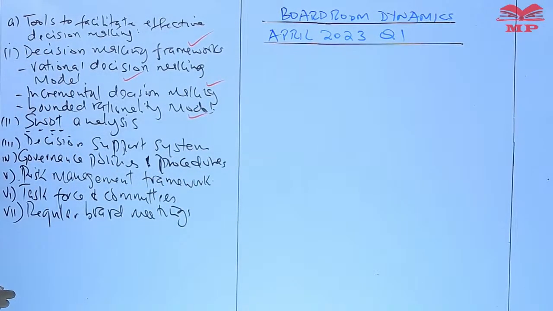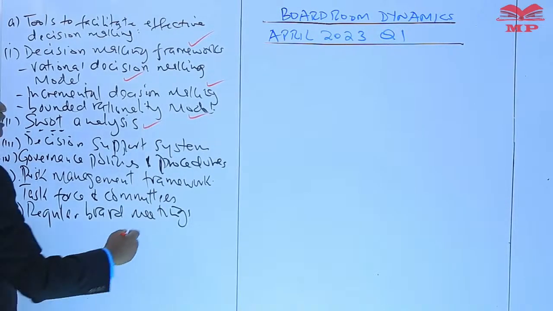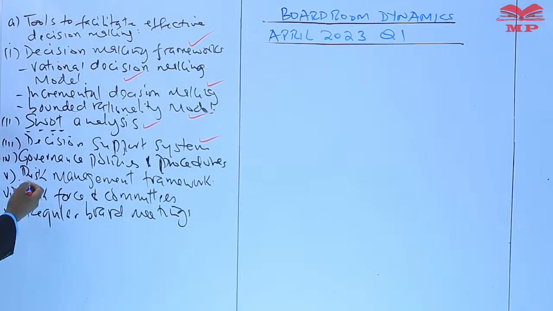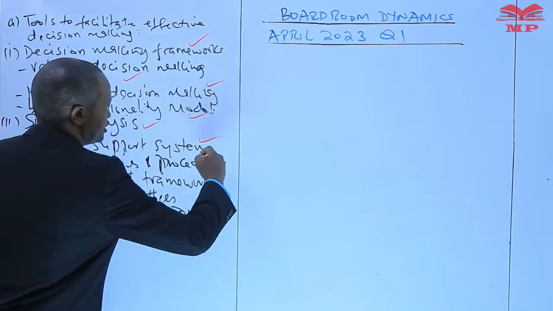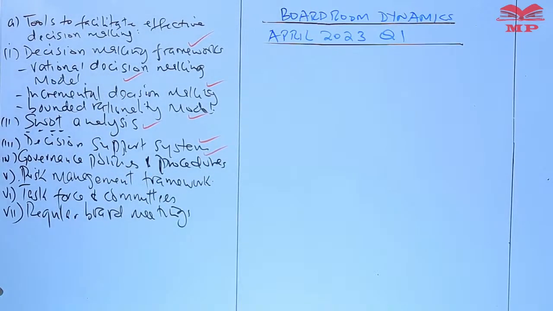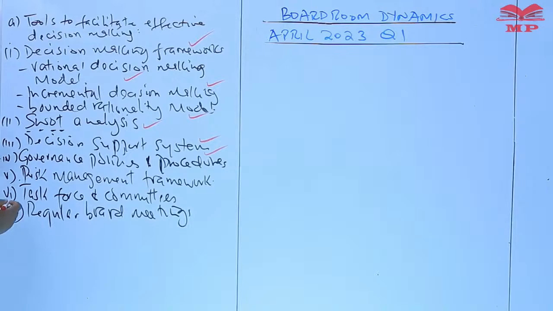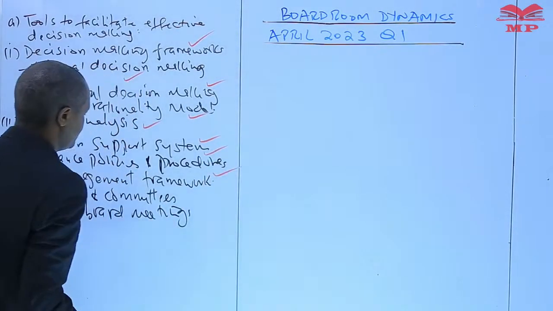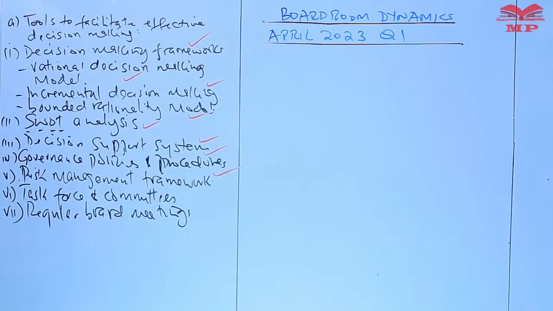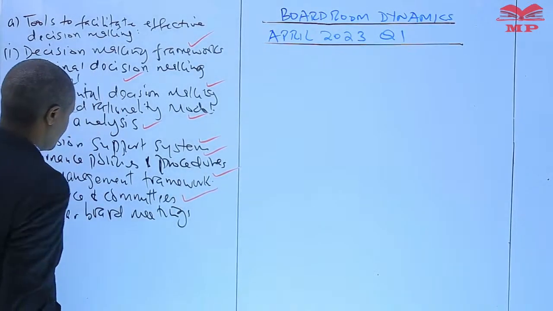The second tool is SWOT analysis. The third tool, decision-making support system. The fourth tool, governance policies and procedures, establishing governance procedures and policies. Number 5, risk management framework, putting in place a risk management framework, establishing a task force or committees to handle complex matters.